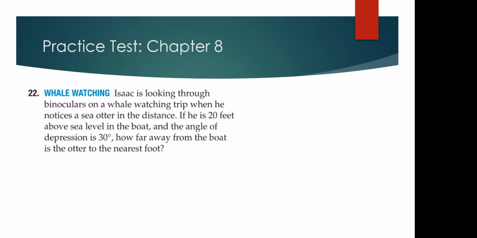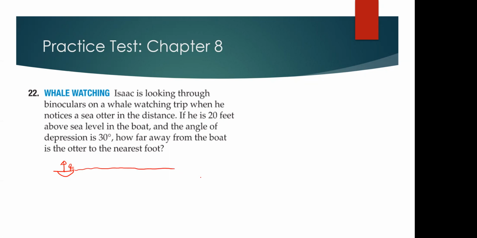Then here it says Isaac is looking through binoculars on a whale watching trip when he notices a sea otter in the distance. If he is 20 feet above sea level in the boat and the angle of depression is 30 degrees, how far away from the boat is the sea otter? So here we have the little boat, and here is Isaac, and he's looking.